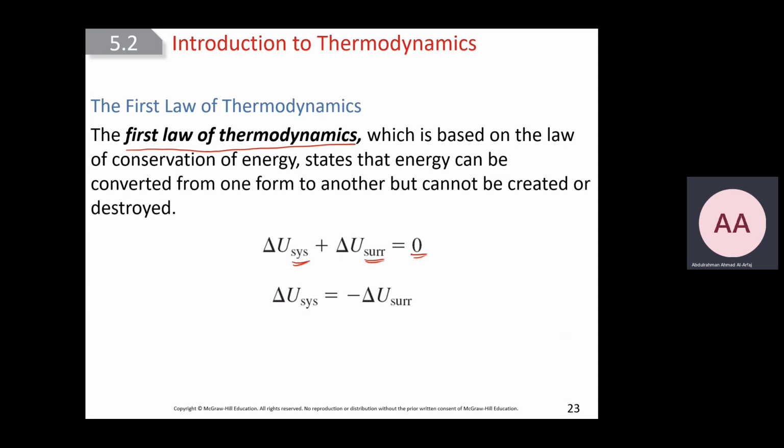By the law of conservation of energy, all the energy lost from the system will be gained by the surrounding. That's why the energy of the system must equal that of the surrounding with a negative value, so that if you add these two together, the total will be 0.